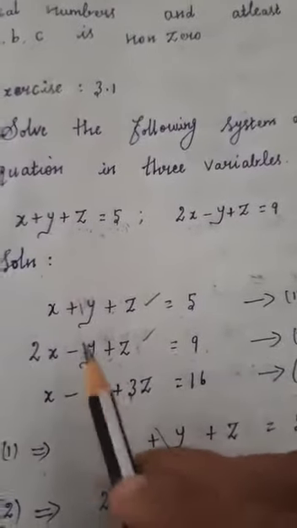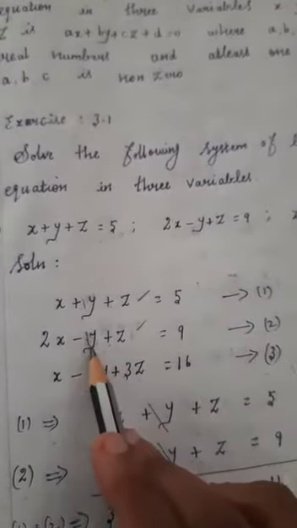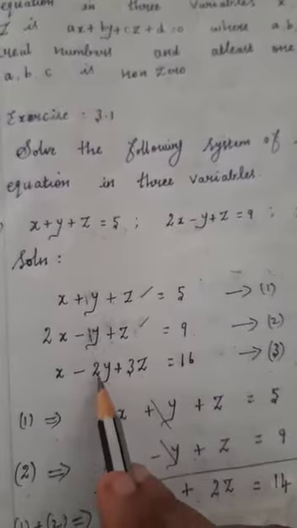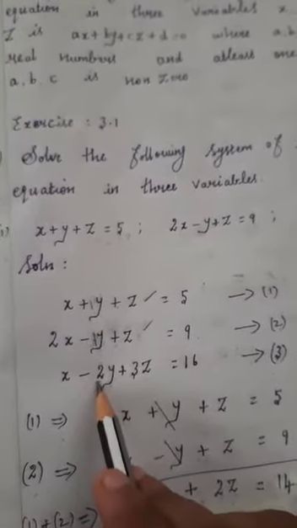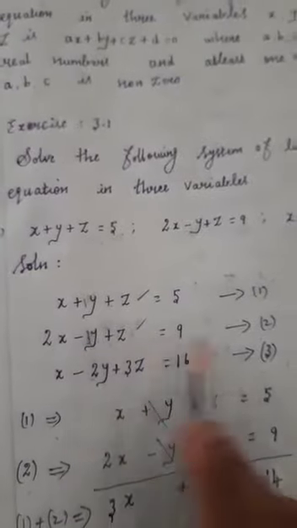Okay, so now we are going to consider the second and third equation. The second equation we need to multiply with 2, because in the third equation the numerical coefficient of y is 2 only. So the full equation we have to multiply with 2.